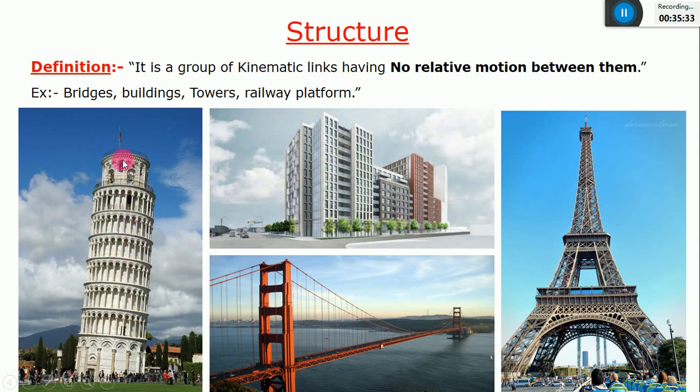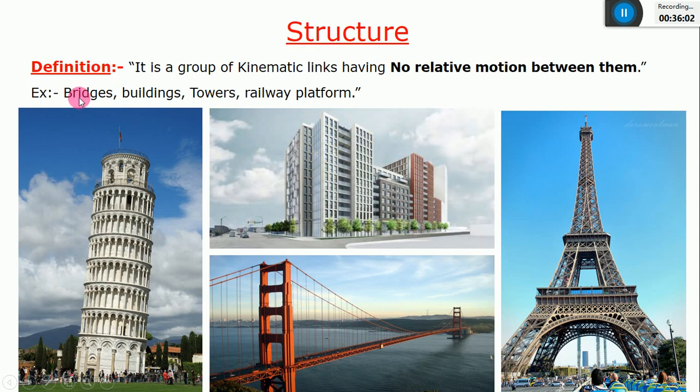This building is made of so many parts, or you can say links or elements, but there is no relative motion. Here also you can see there are so many kinematic links, which are attached to the other links, but there is no relative motion. It means it is a group of so many kinematic links having no relative motion between them. Such a group of kinematic links I can call a structure.